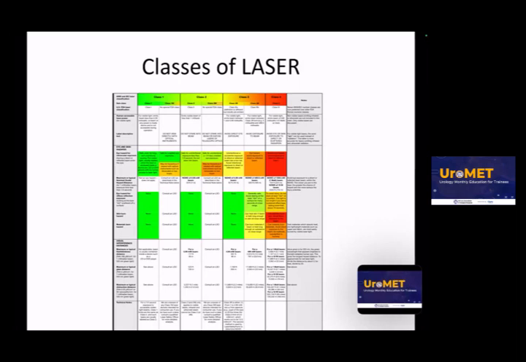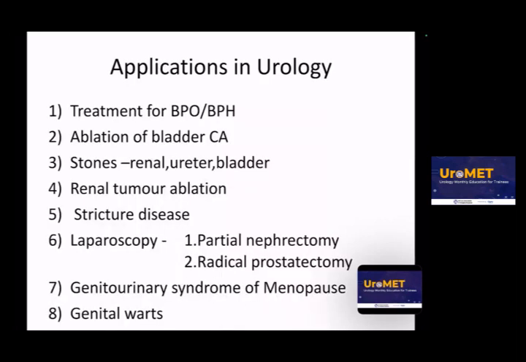When we look at the applications of laser in urology, it can be used for treatment of BPH or benign bladder obstruction, and ablation of tumors like bladder cancer or renal cancer. And urolithiasis, again, in the renal, ureter, or bladder. And stricture disease, for ureteric or urethral stricture, we can use laser ureterotomy.